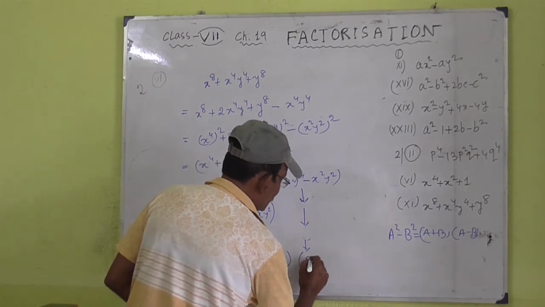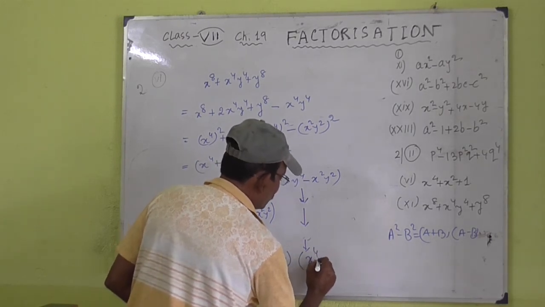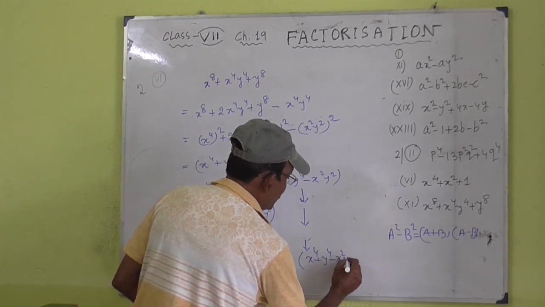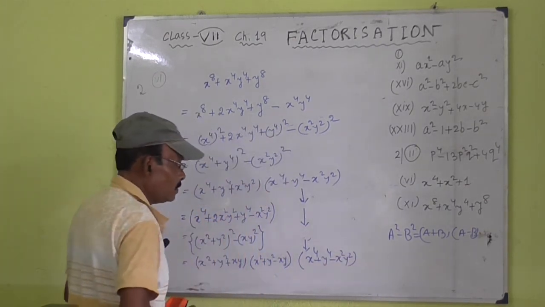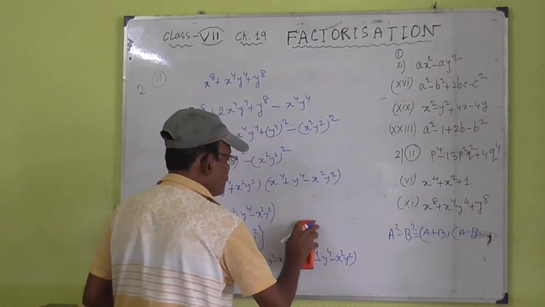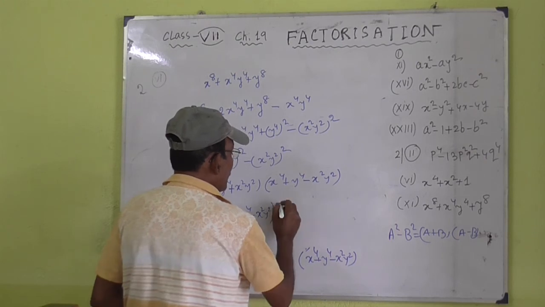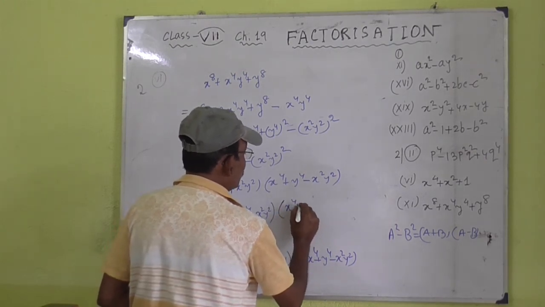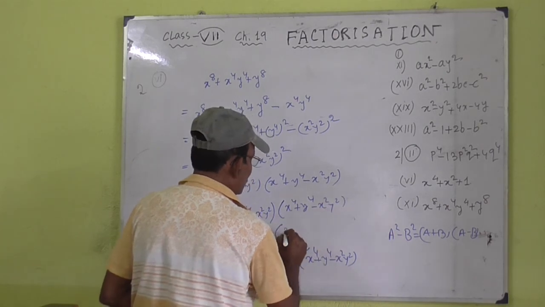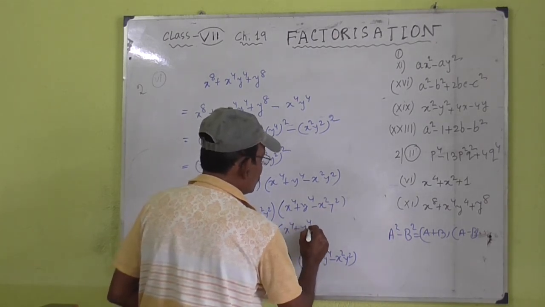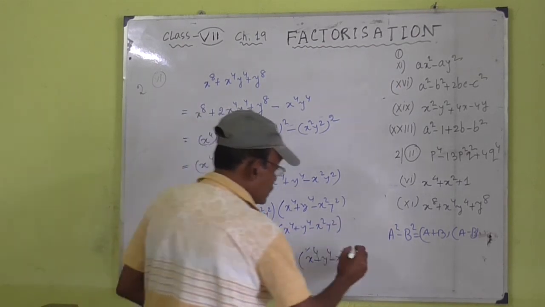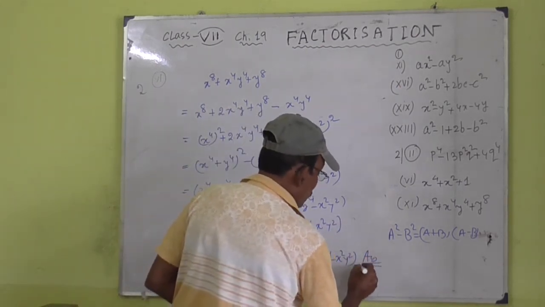Here the step will be x to the power 4 plus y to the power 4 minus x square y square. Clear? The step will be x to the power 4 plus y to the power 4 minus x square y square. This is the complete answer.